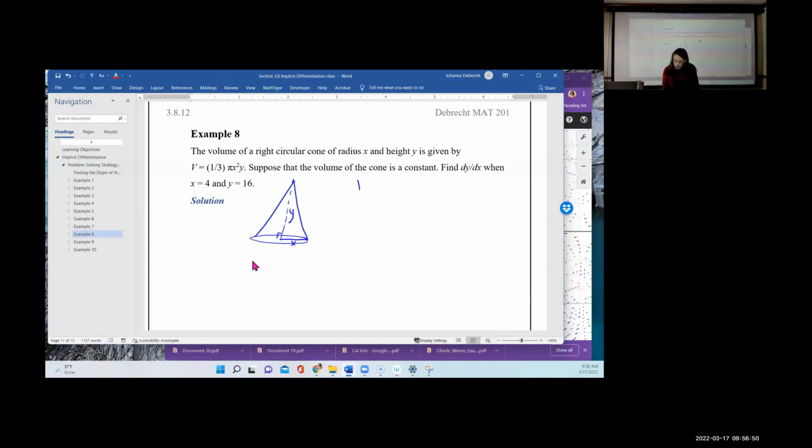Now the volume of a cone is 1/3 pi r squared times the height. So in our case, because the radius is x, we can write it as 1/3 pi x squared y.